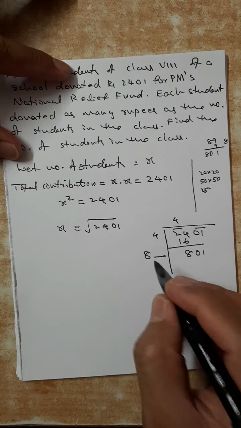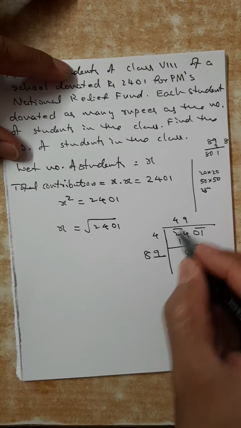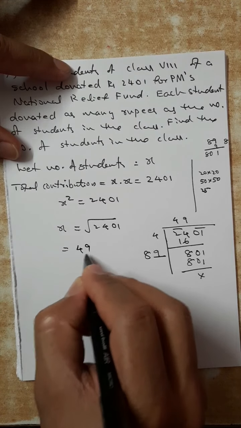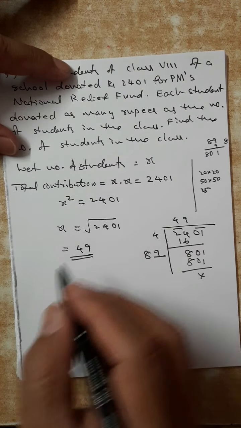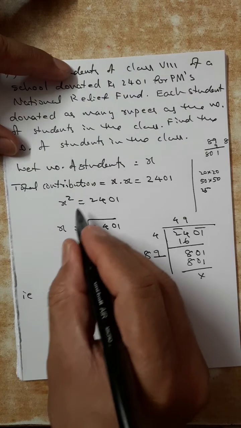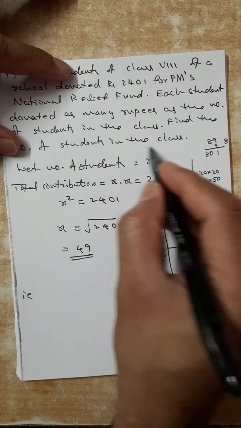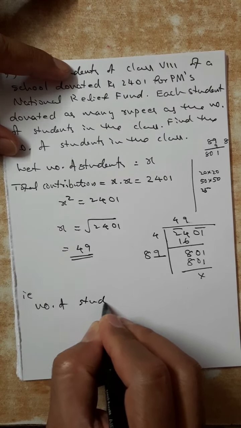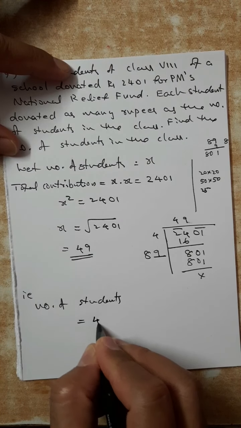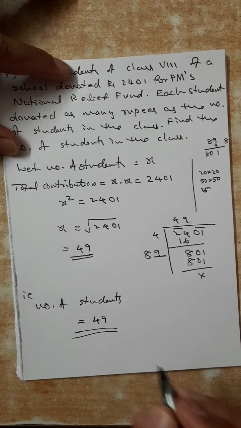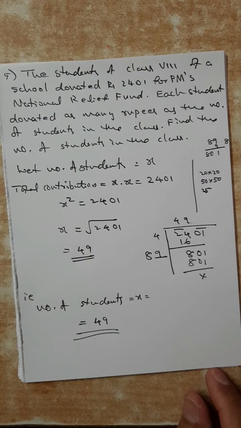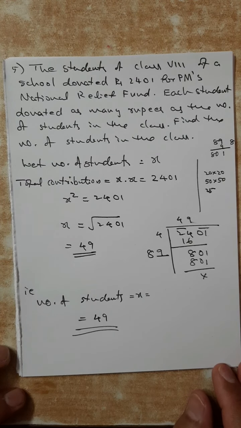Matching properly, so I will write 9 here. 9 into 89 is 801. So the answer is 49. Question is find the number of students, so the number of students, X, is equal to 49. I hope it is clear.